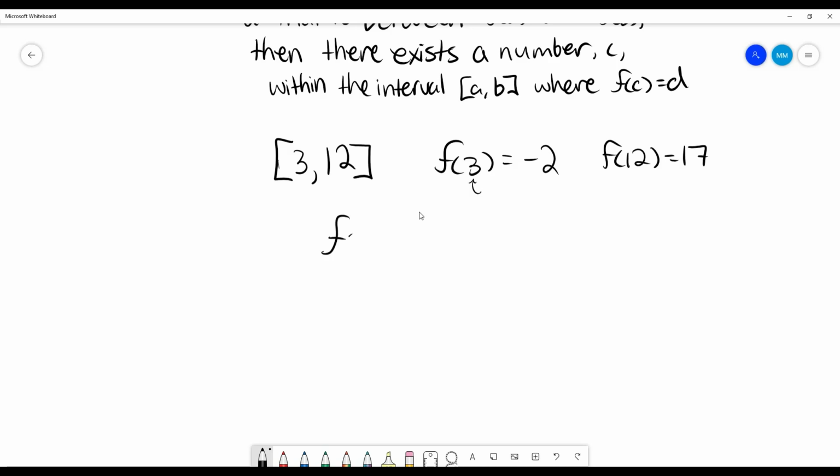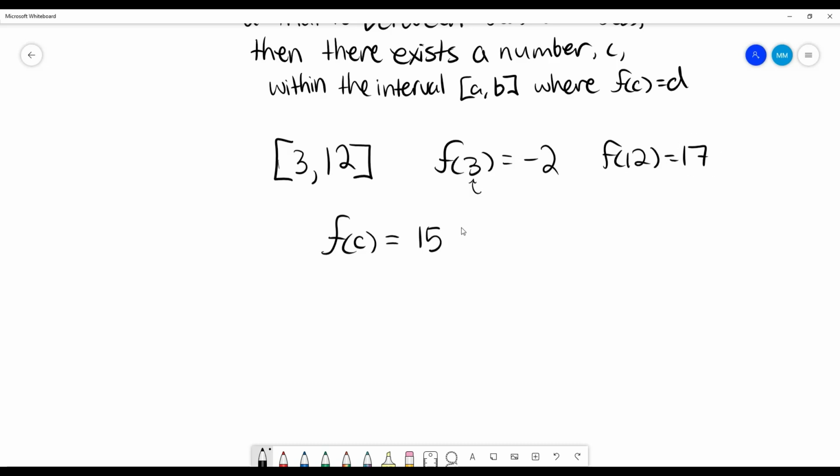So there has to be some x value, and we'll use c to represent that, where maybe our y equals 15, right? Because that's between this -2 and 17.